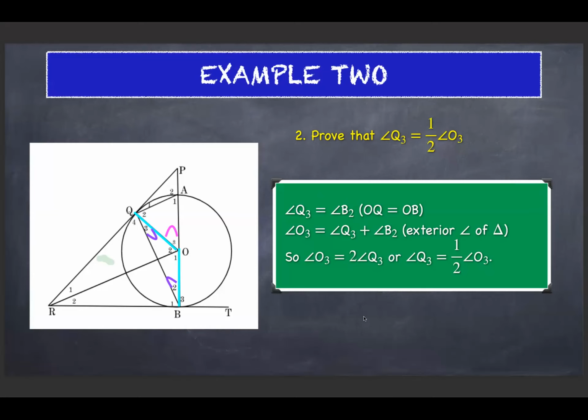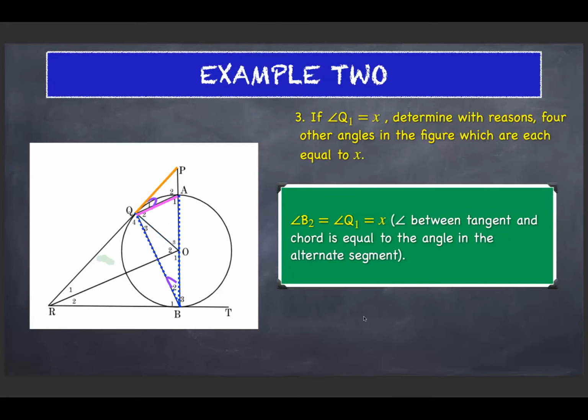All right. Question 3. If angle Q1 is equal to X, so we've got angle Q1, which is over here in purple. If that is equal to X, you can use the second theorem according to the slides. Perhaps I need to just double check what that is.